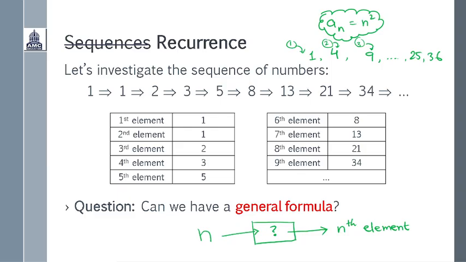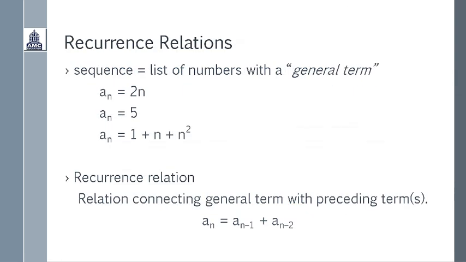So in recurrence relations, can we find a general formula like this? That's the question, and we're going to find out whether we can find the general formula for a recurrence relation in this video.